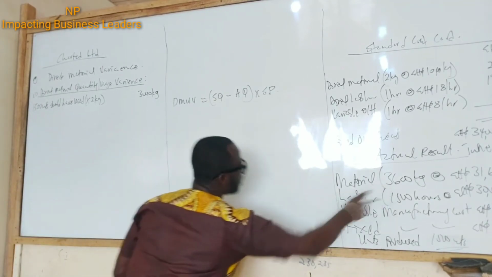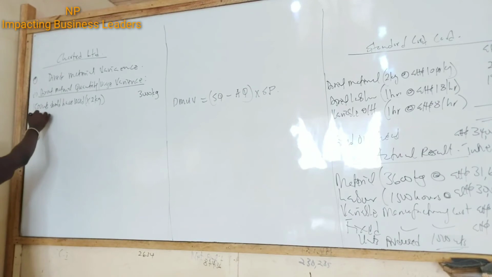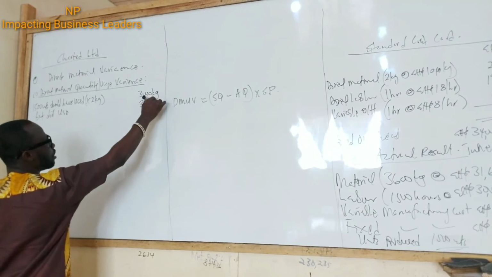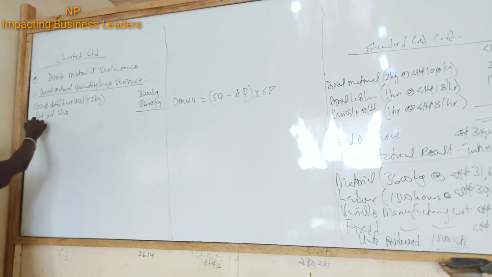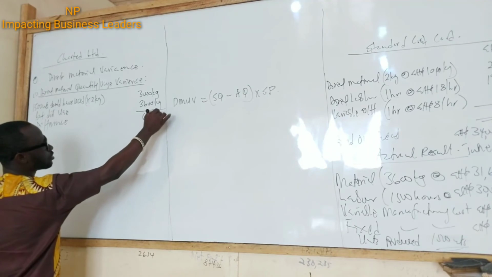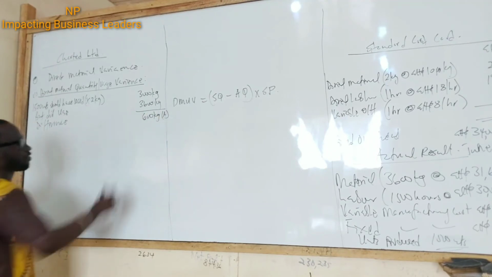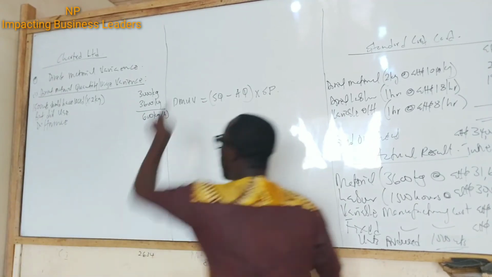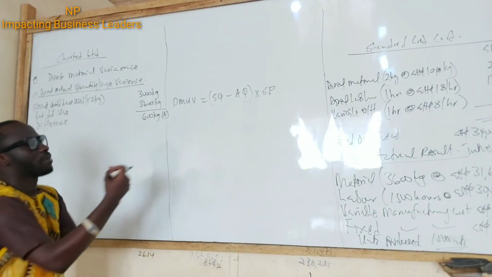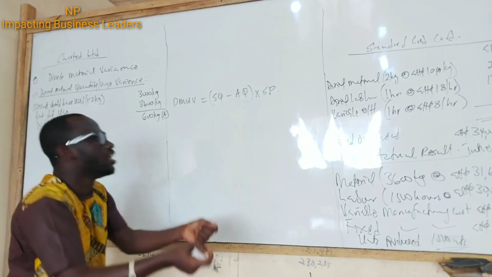So for the 15,000 units, we should have used 3,000 kilograms. But how many did we use? The actual 3,600 kilograms. So what is the difference? 600. Good or bad? Bad. 600 kilograms and adverse, right? Because we've used more than what we were supposed to use. But always, variances must be expressed in value.